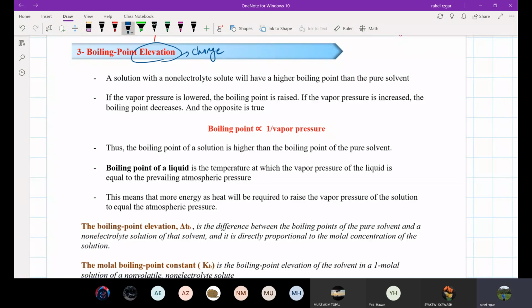A solution with non-electrolyte solid will have a higher boiling point than the solvent. So for everything that we have studied, we talked about the change. Freezing point will be lower than the solvent. Now, for boiling point, it will be higher than the solvent if we put some solute in it.